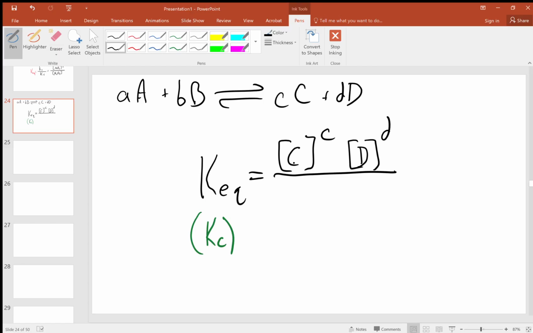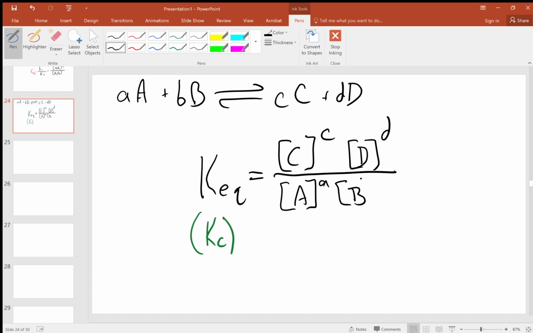So we take the concentration of C, which is one of our products, raised to its coefficient. We multiply that by the concentration of the other product raised to its coefficient. In the denominator, we do the same thing, but for the starting materials.